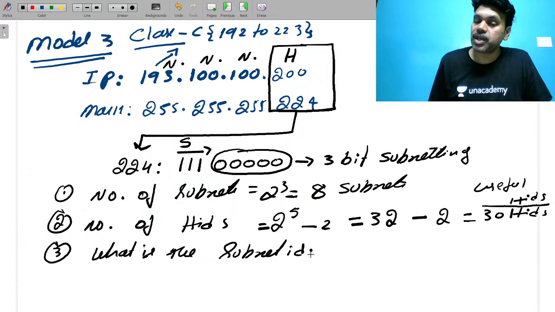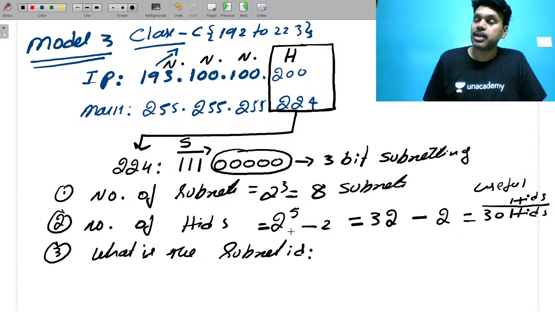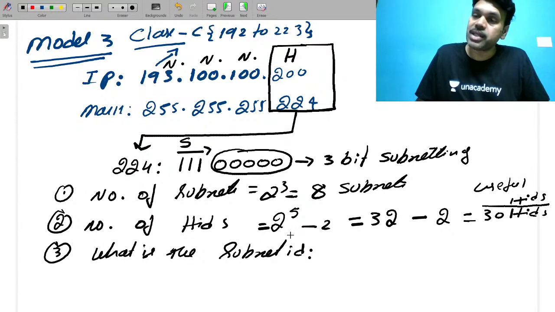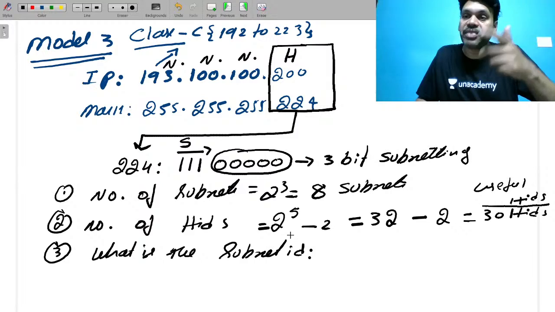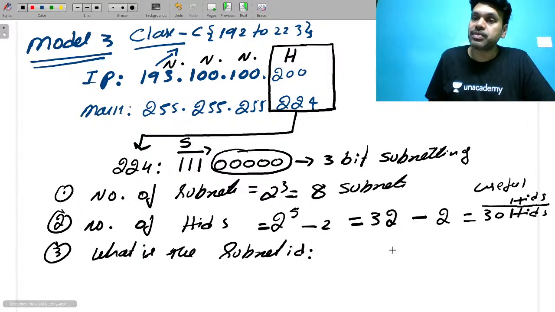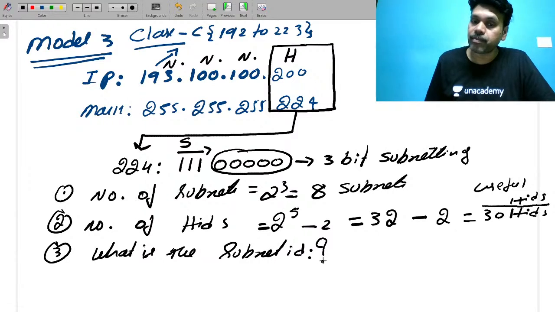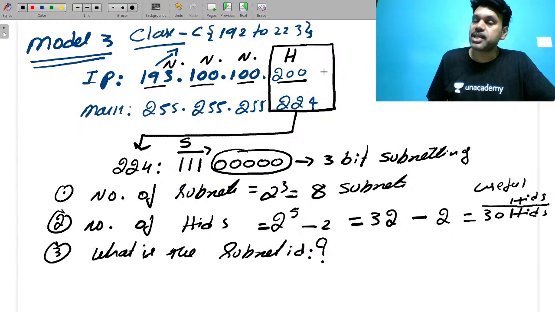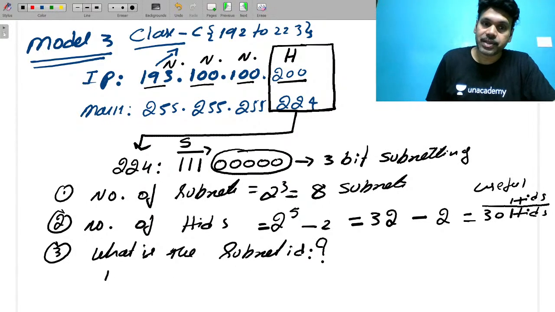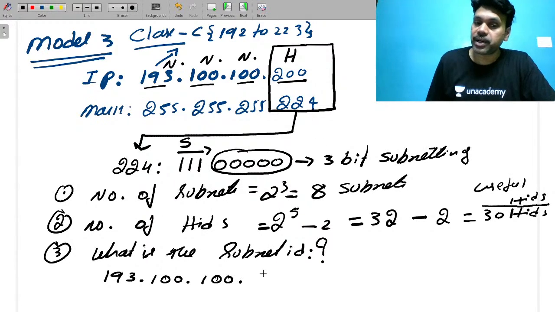Some people will do the bitwise AND operation. Now I am going to do a reverse, a different technique instead of ANDing. So what is the subnet ID? Write your given IP, 193.100.100.200.